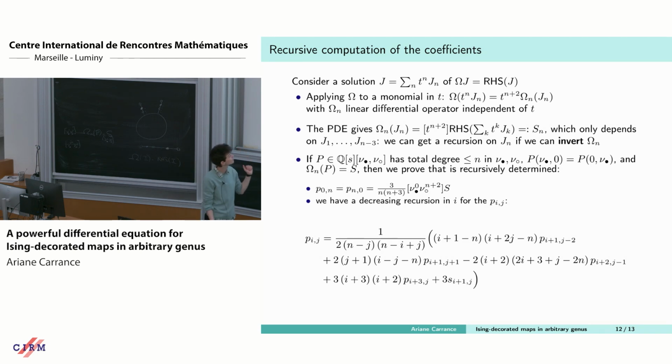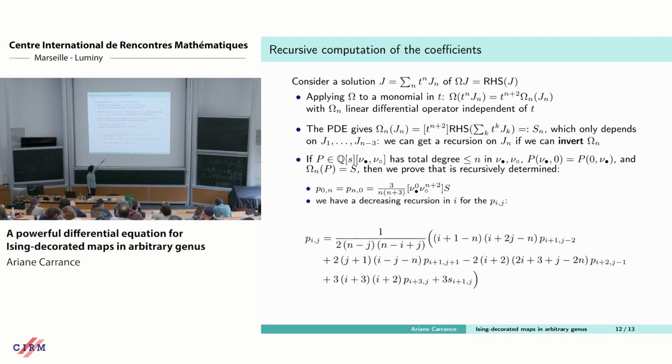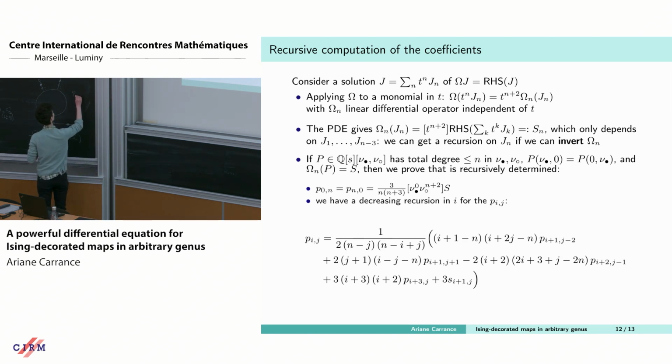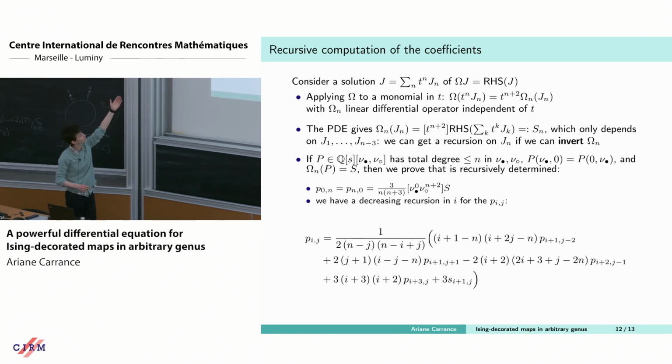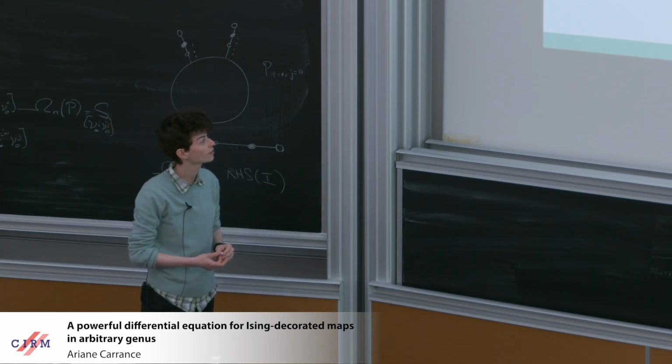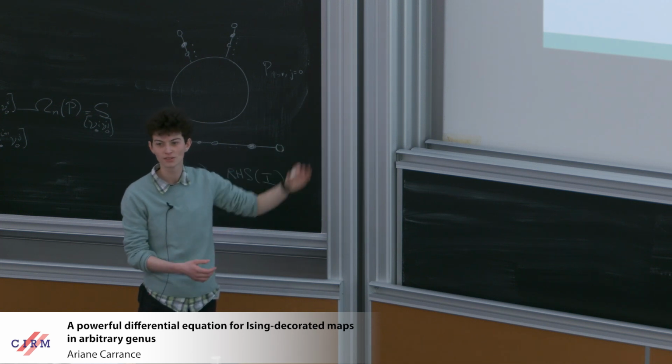Another important thing is that all the other coefficients of p that appear here are for larger values of the first coordinate: p_(i+1), etc., p_(i+2), etc., p_(i+3), etc. So starting from the maximal coefficient, i equals n, j equals 0, that we know from the first equation, we can do a sort of right-to-left recurrence and determine all coefficients of p.